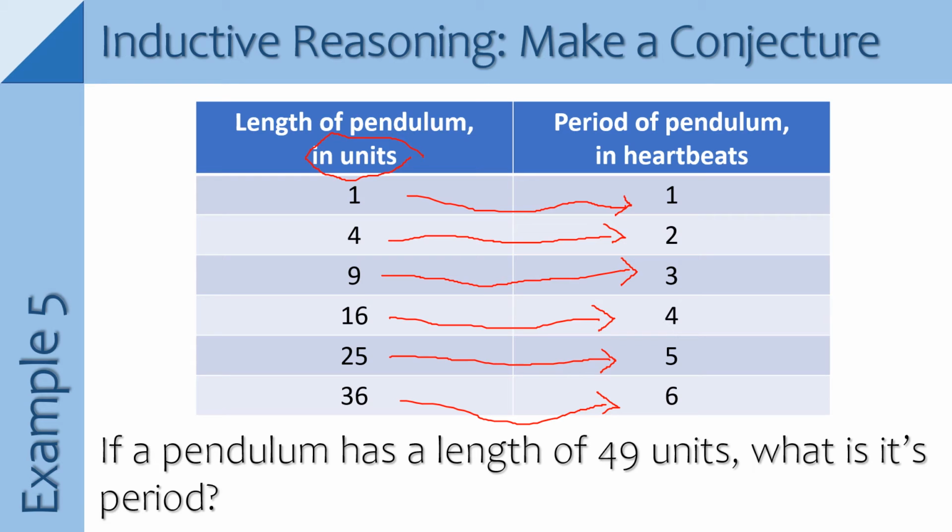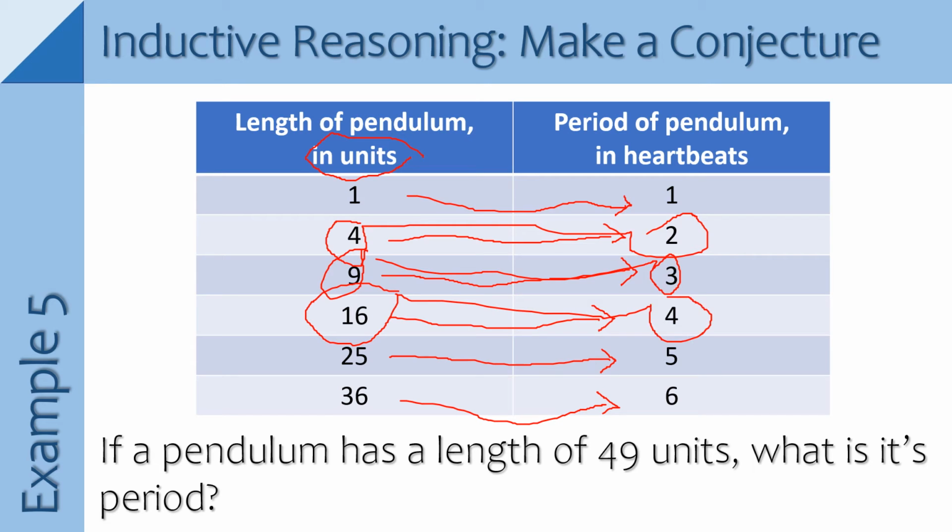So let us analyze the length of the pendulum in units. As we observe, what is the relationship of 4 to 2, and 9 to 3? What is the relationship of 16 to 4, and 25 to 5? What is the relationship of 36 to 6?